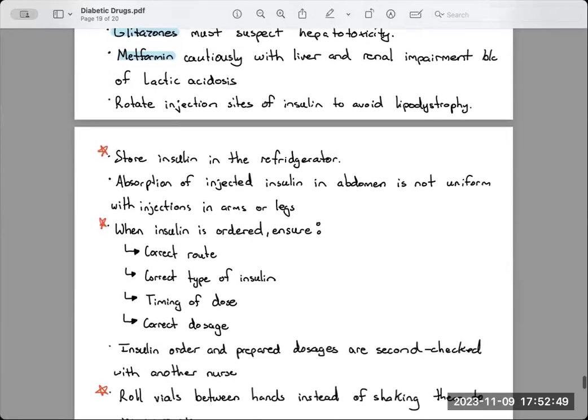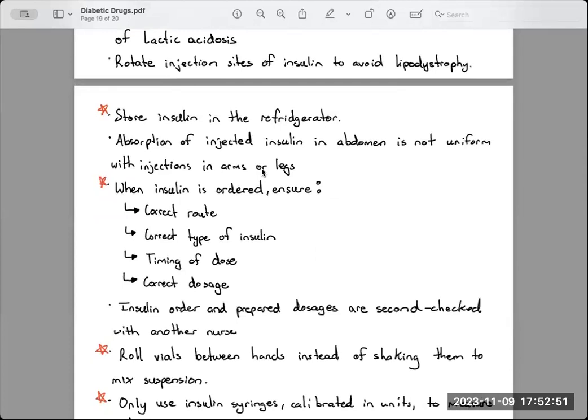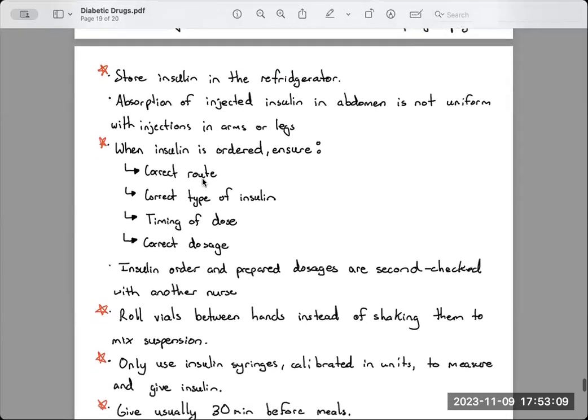We must always rotate the injection sites when giving insulin because they can get something called lipodystrophy, which is like little deposits of fat. So if they injected in their left arm today, tomorrow they use their right arm, or their stomach, or their thigh, but change it every single time. Insulin should always be stored in the refrigerator.